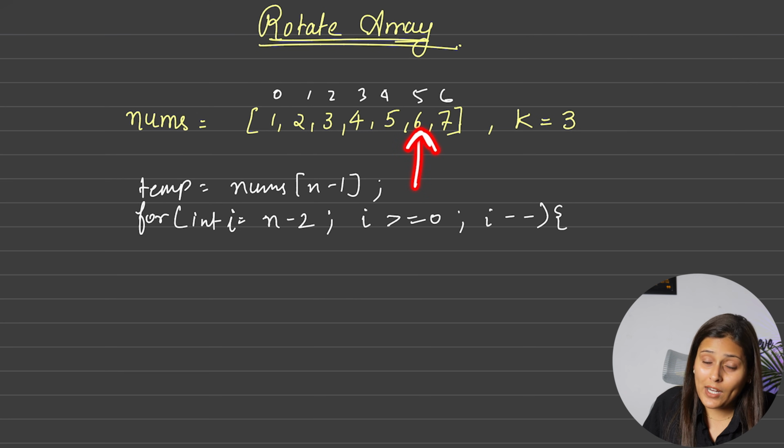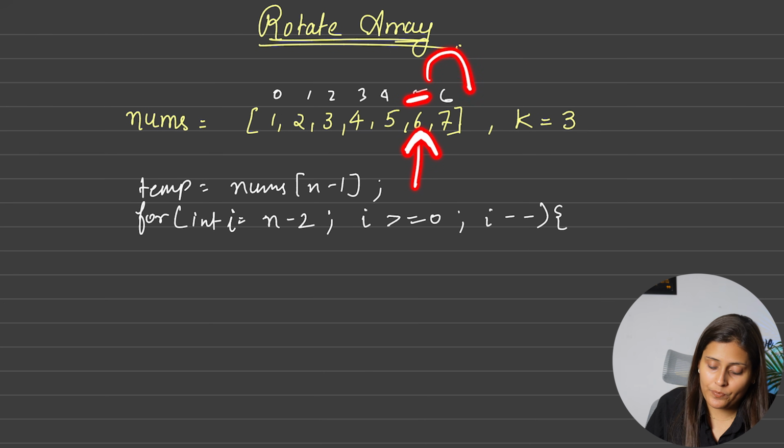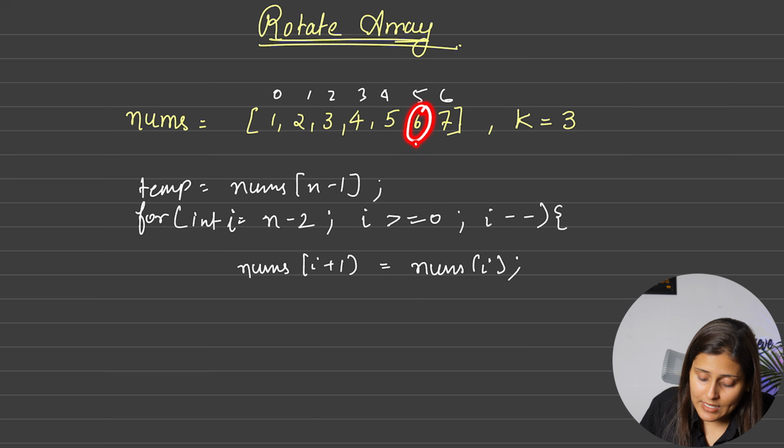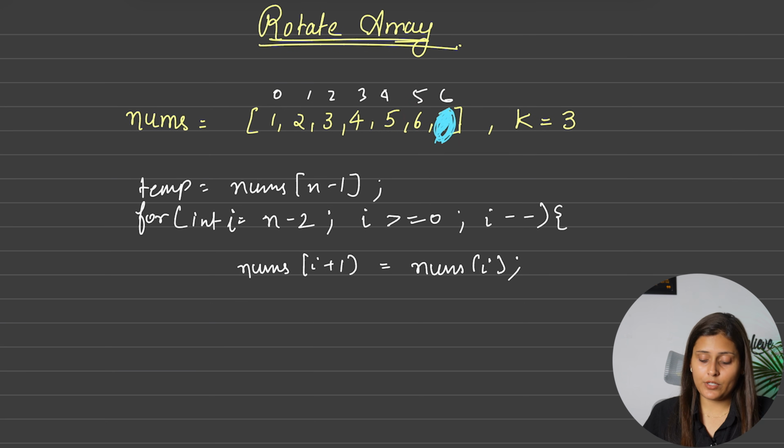At this location, what I want to do is copy this element and put it at i plus 1, yes or no? Yes. So at nums of i plus 1, I want to put nums of i, correct? Yes. So now this 6 will be overwritten, like this 7 will be overwritten with 6, correct? Can I say this? Yes. So let's remove this and put 6 here.